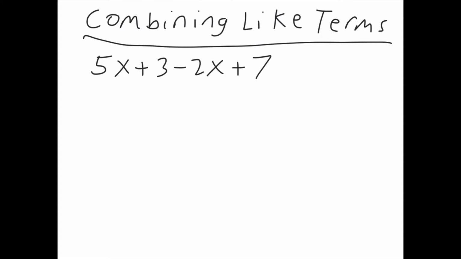So what you do is you have to find the terms that are alike. These are the terms with the same exact variables. So notice we have 5x here. We have to find something else with an x in it, the same exact variable. Here we have minus 2x. Those two things are alike.